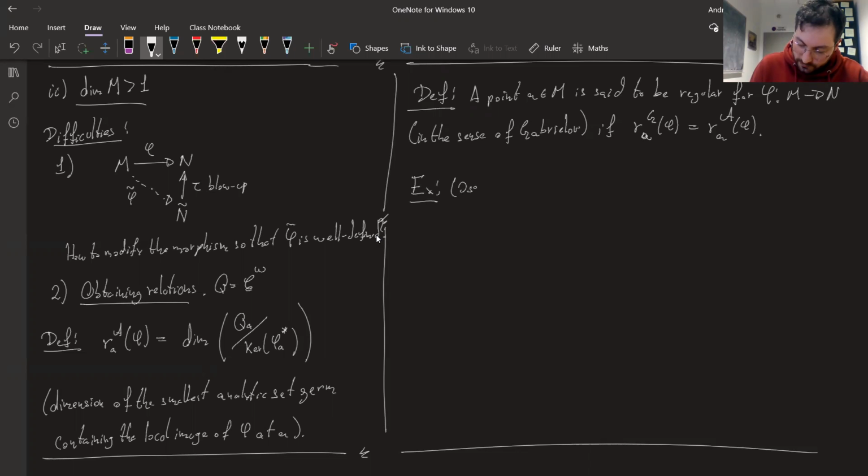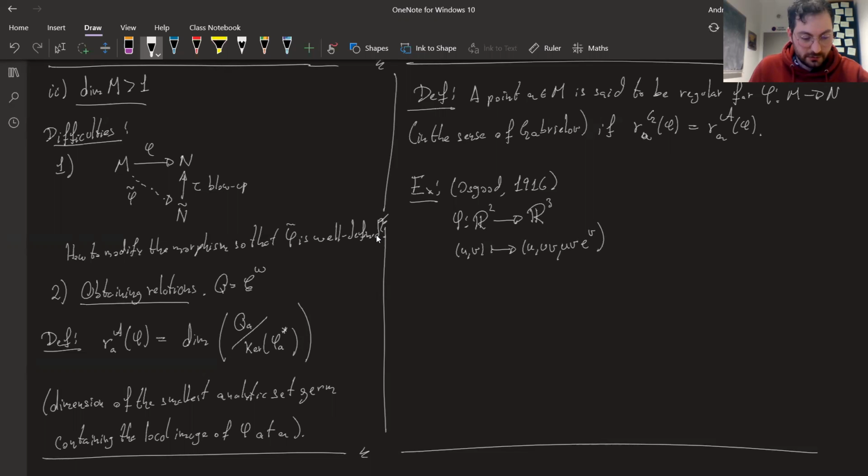This is a classical example of Osgood, which we already talked about a bit. Take the morphism from R2 to R3 which takes (u,v) and sends it to (u, uv, uv e^v).